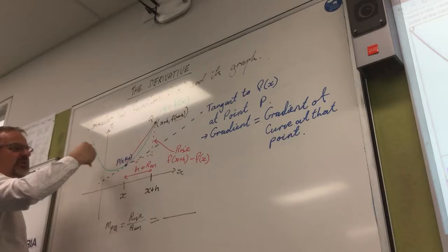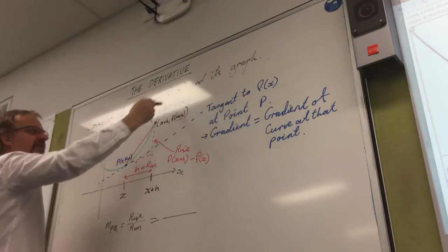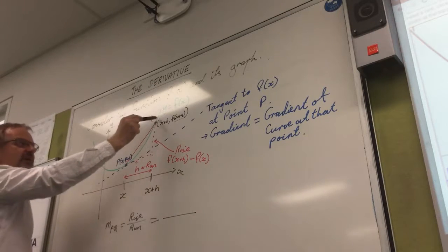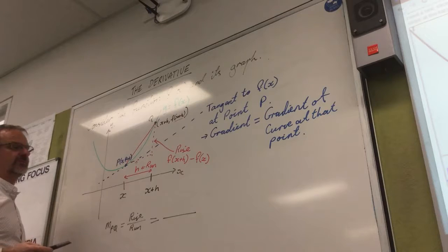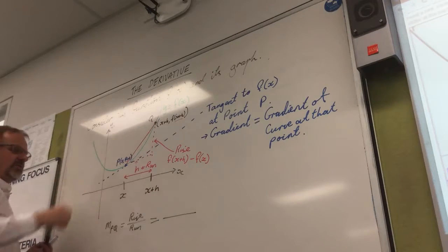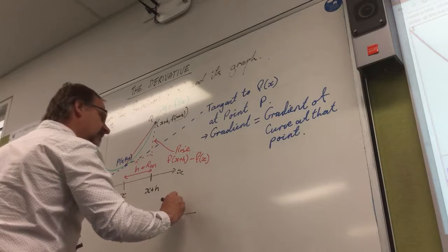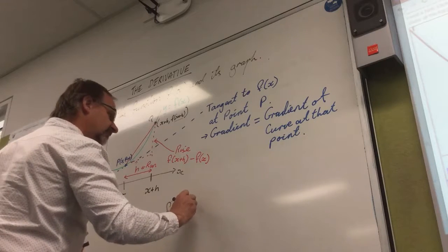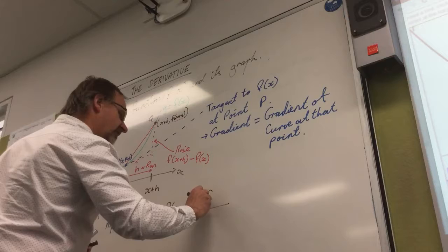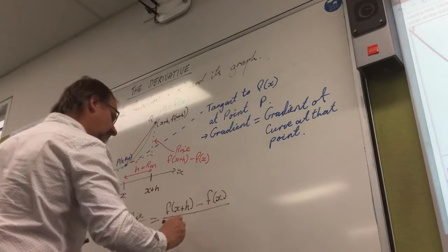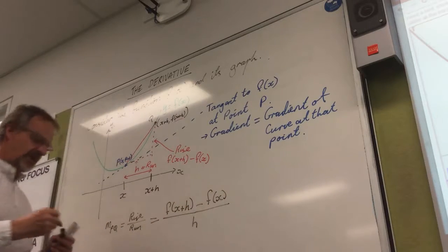Why do we choose points on the curve? Because we know what that function is and we can work out exactly what those points are. All right, so at the moment that's what we're doing. So the rise over run is f of x plus h minus f of x, over h.